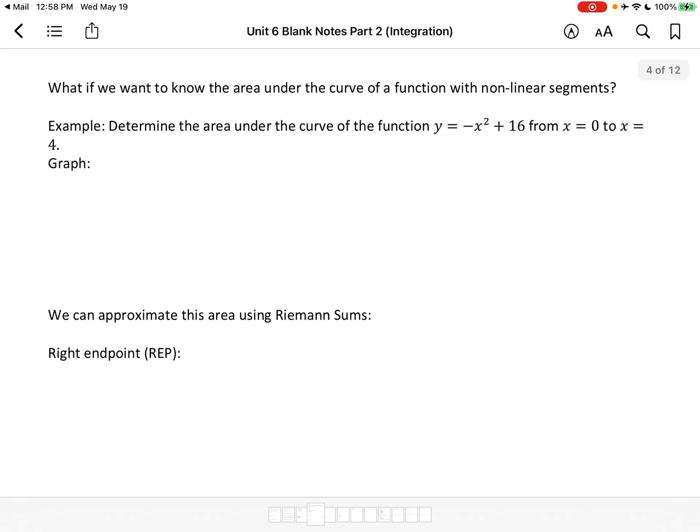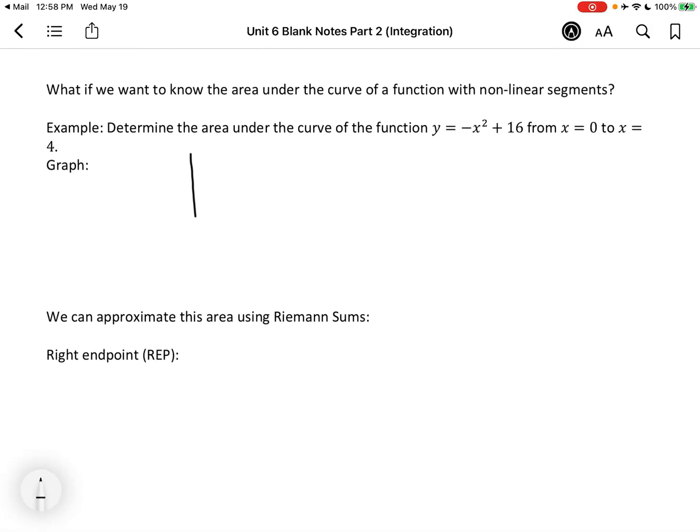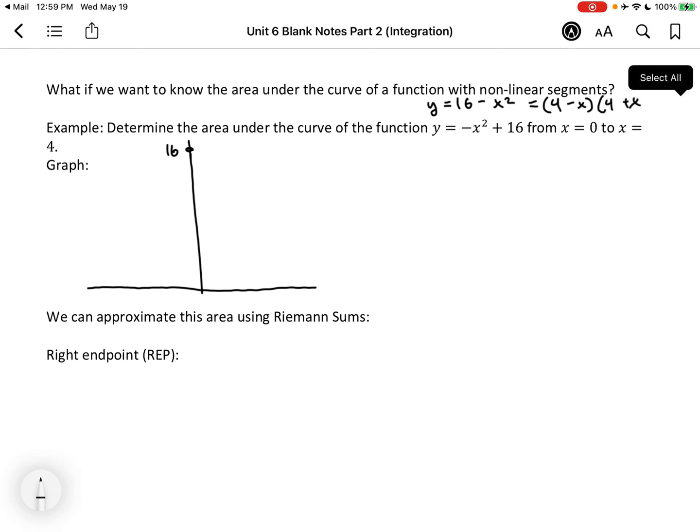So the y-intercept is going to be 16. It's opening downwards. And y equals 16 minus x squared is the same as (4 minus x) times (4 plus x), so it has zeros at negative 4 and 4.